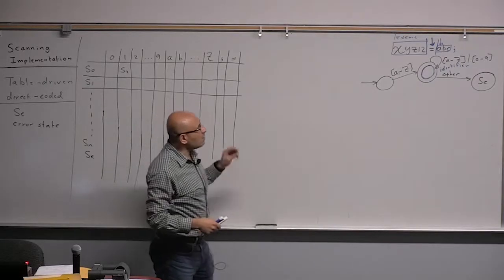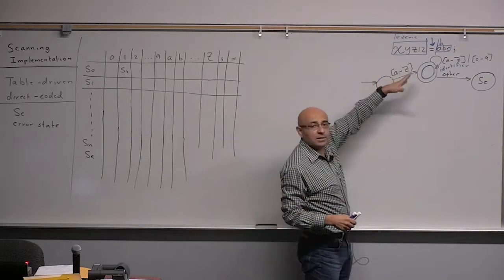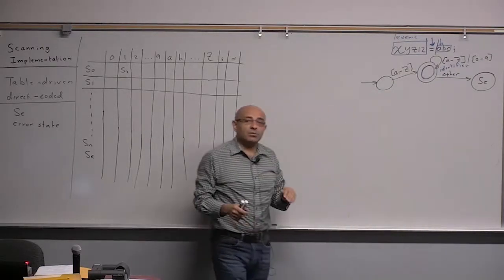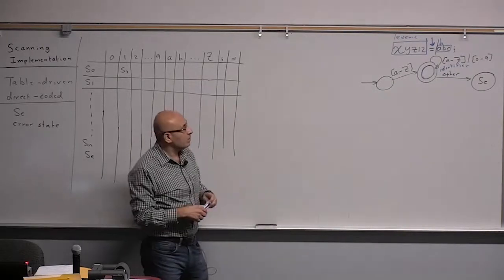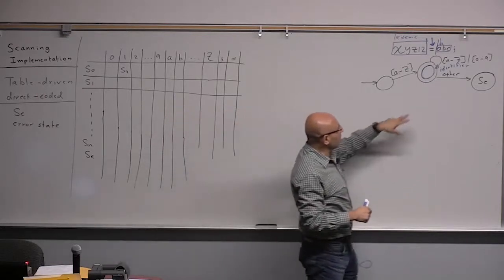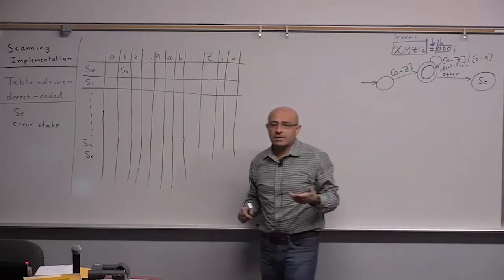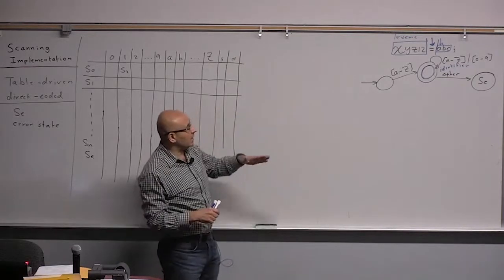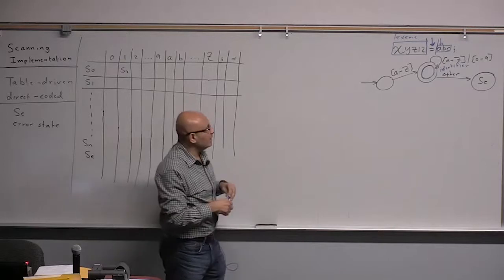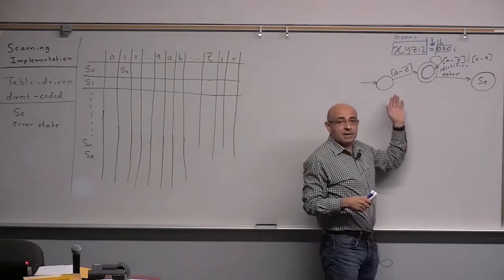OK, so now the point is that when you reach this error state, you want to roll back to the latest accept state. The latest accept state may not necessarily be the last state. So sometimes you may want to go a few states back.